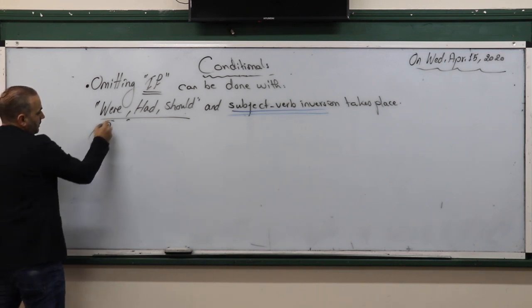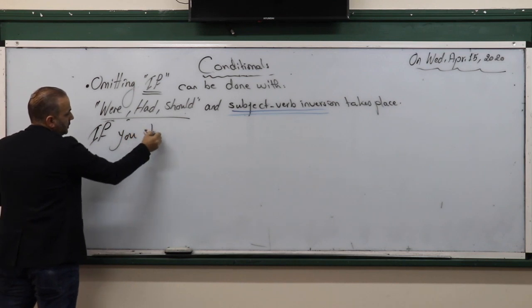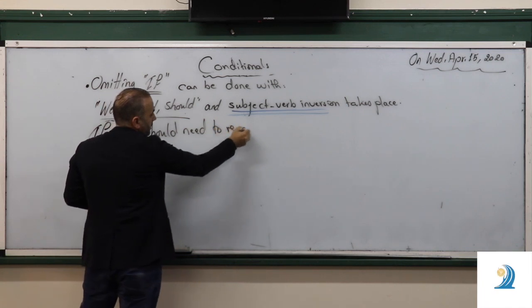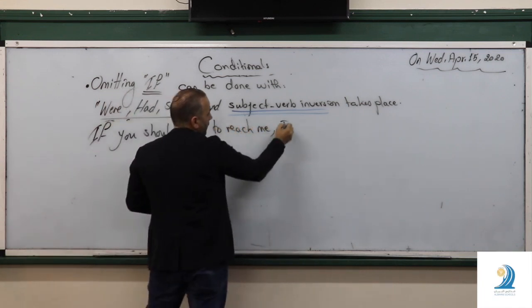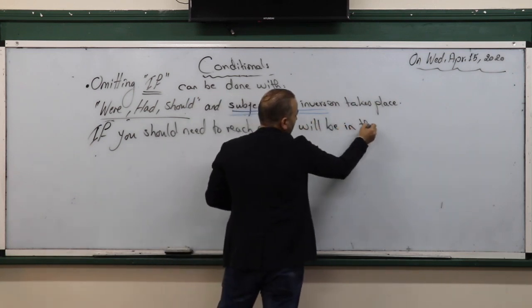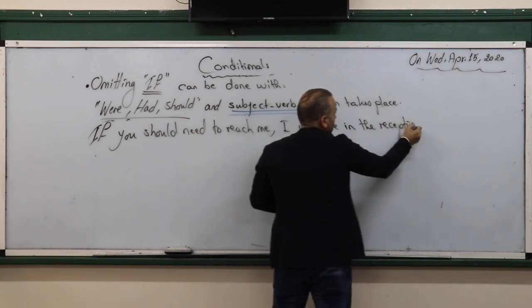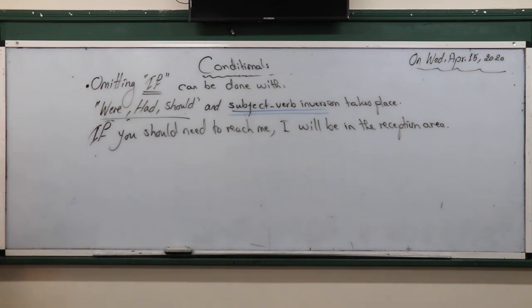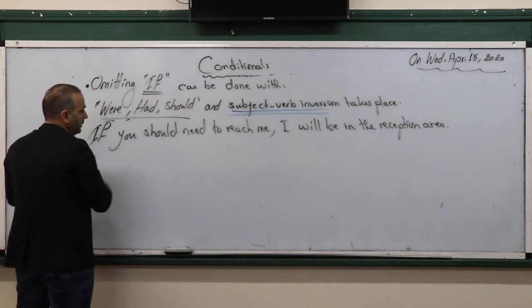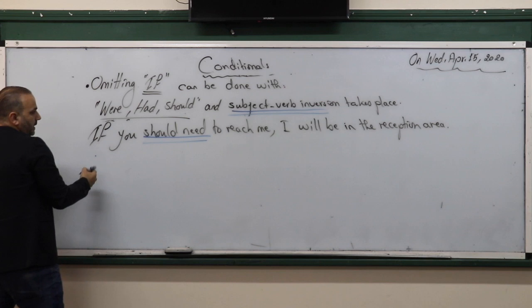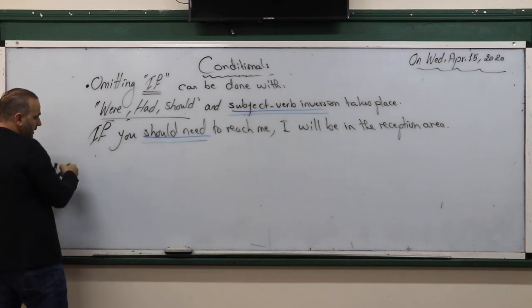If you should need to reach me, I will be in the reception area, whatever. If you should need me, that's it, need to reach me. And if you want me, I'll be there. So here we can use this, or should in this way, plus main verb, okay? So replace if as we have it. Omit if: should.